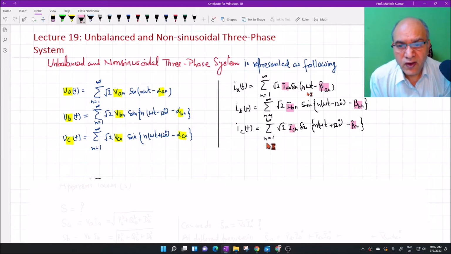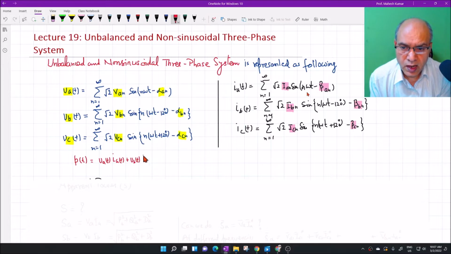For that, we have found the instantaneous power by multiplying voltage and current for each phase. This we have solved in the previous class, that is vA(t) into iA(t) plus vB(t) into iB(t) and then plus vC(t) into iC(t).